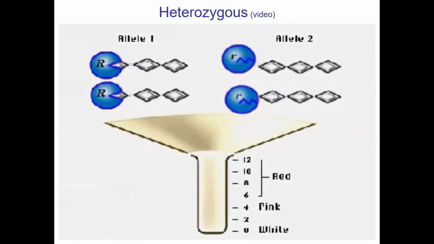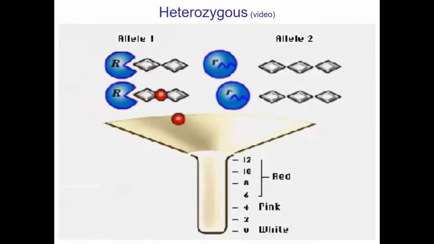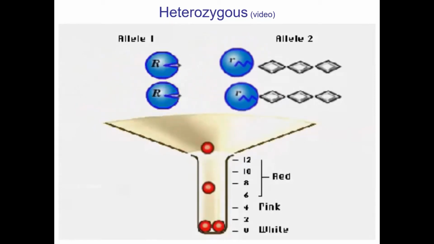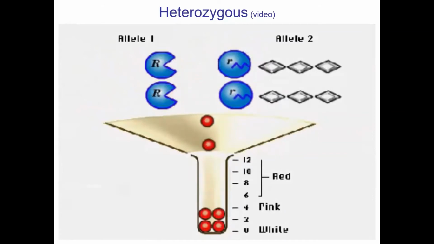So let's see what happens here when the pigment is made. Are we going to get pink? Are we going to get red? And it looks like we have just enough to get a red flower.